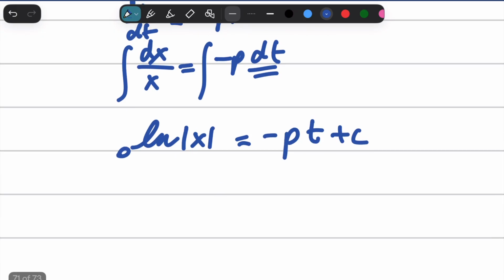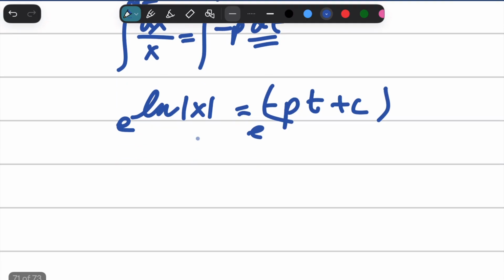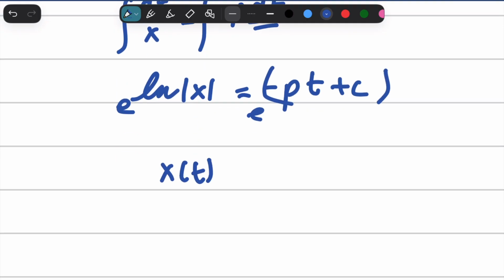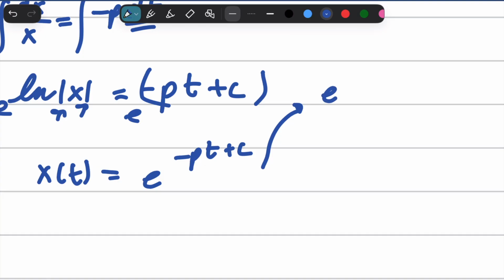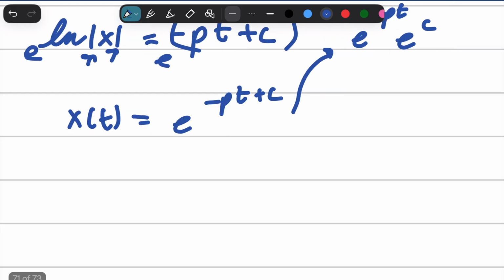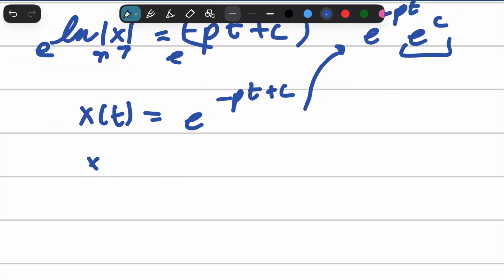Then we are going to exponentiate both sides, and we're going to get x of t, and we can remove these brackets now, is equal to e to the negative pt plus c. And remember from our exponent identities, it's e to the negative pt, e to the c is equal to this guy, right? Because the exponents add up. And this guy right here is just a constant, and we're going to call it k, like so.